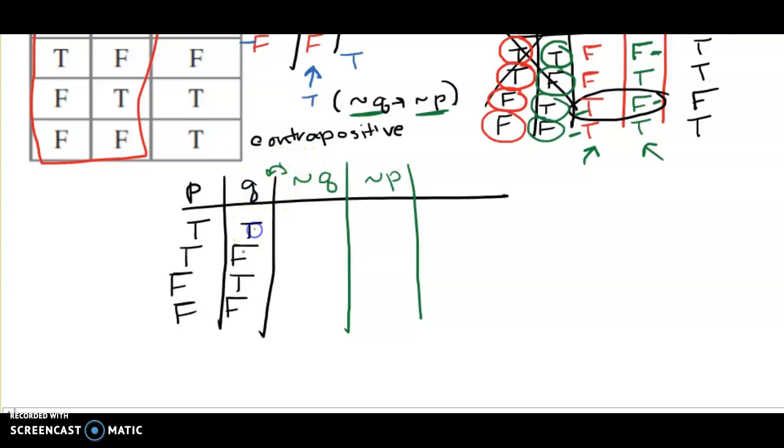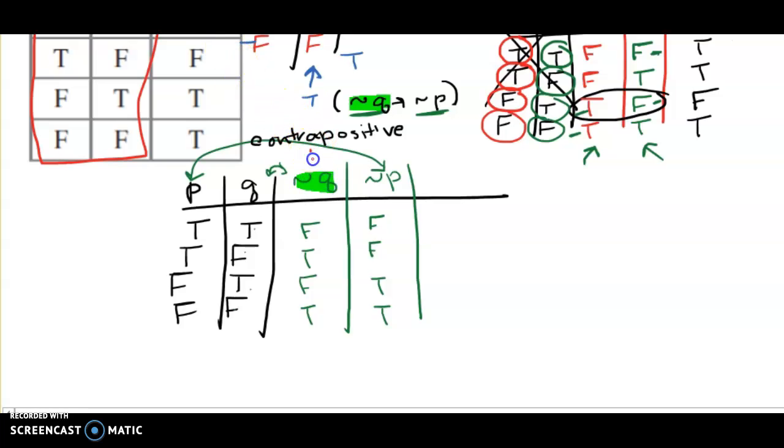So if Q is true, false, true, false, not Q has to be false, true, false, true. Okay, and then we're going to flop these two. So if P is true, true, false, false, then not P has to be its opposite, which is false, false, true, true.